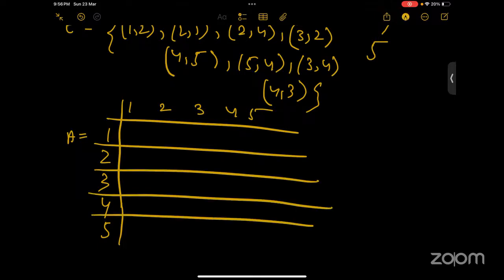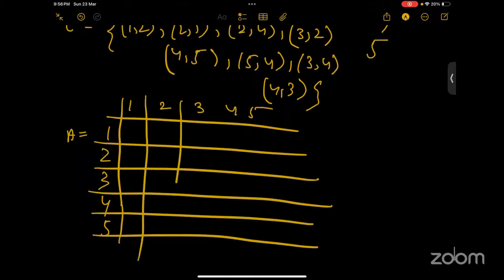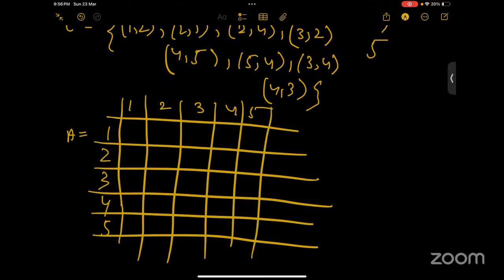These are our i and j. So first of all, what about the diagonal entries? Diagonals will be 0, yes, because self-looping is not allowed.